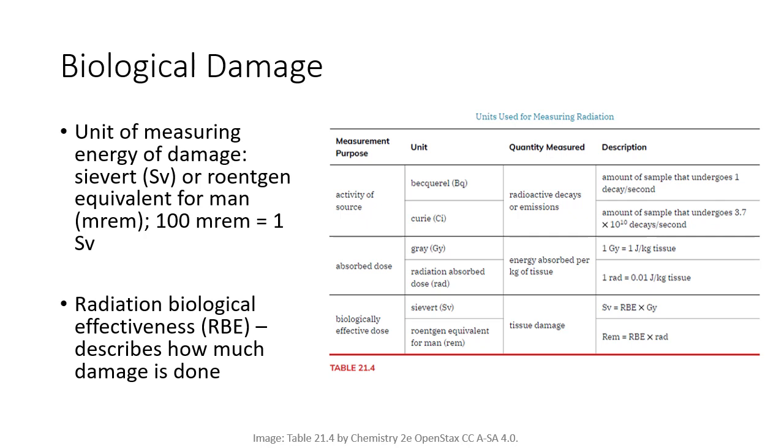So we take the activity and multiply it by what type of damage it can do. If you have an alpha particle, it's heavier and does more ionization than, say, a beta particle, so it's a 10. You multiply by 10 for an alpha particle and by 2 for a beta particle because it weighs so much less. And you get the RBE. Then the RBE times the absorbed dose is the amount of damage you do.